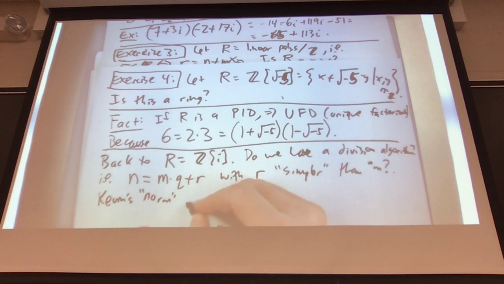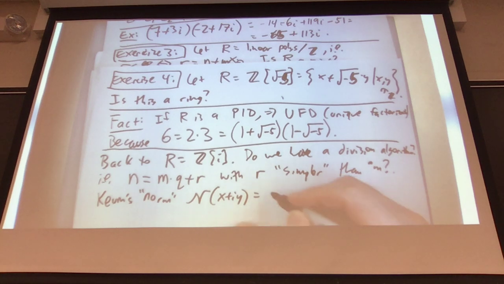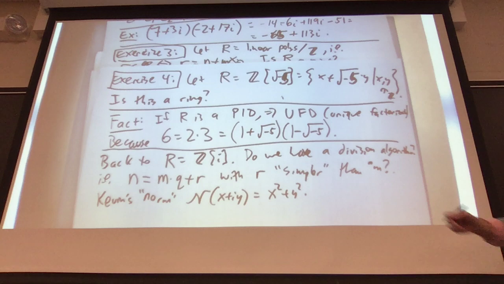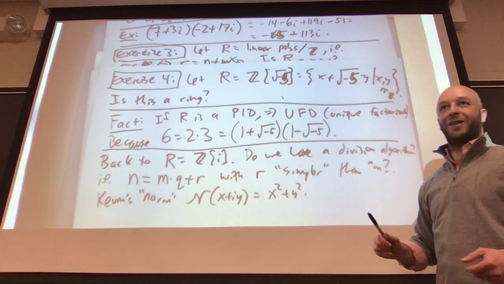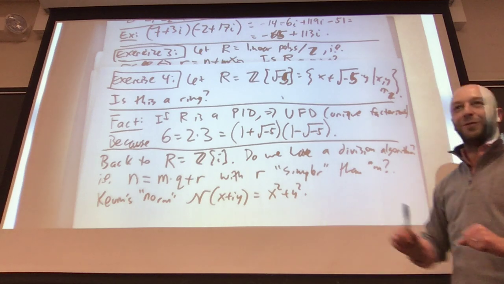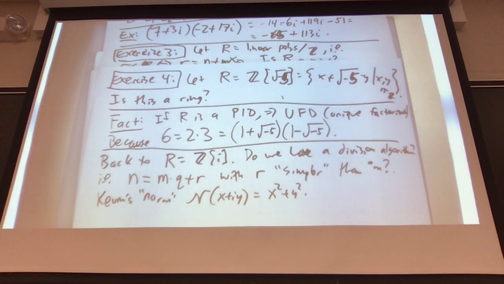Let's define the norm of x plus iy to be the square root of the sum of squares. And because we just care about the complexity, you could put a square root here or not. It actually ends up being better in this case if we don't put the square root. So just take x squared plus y squared.